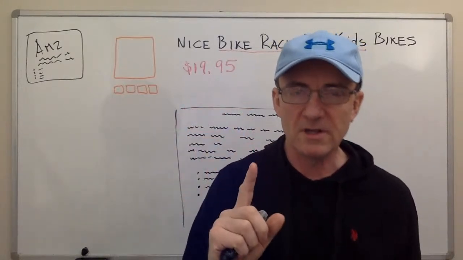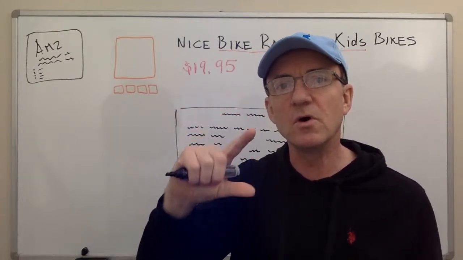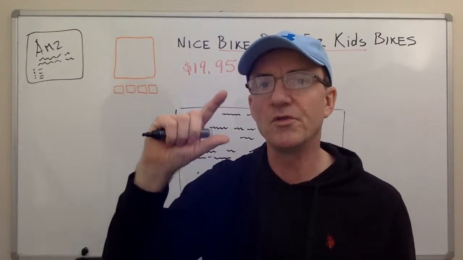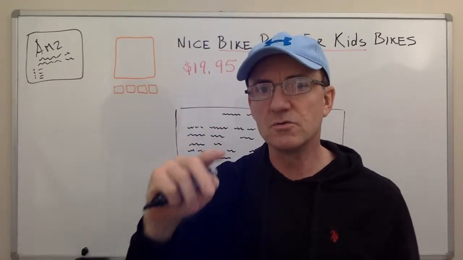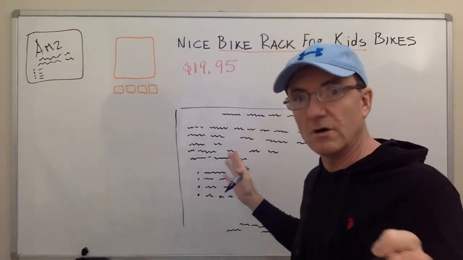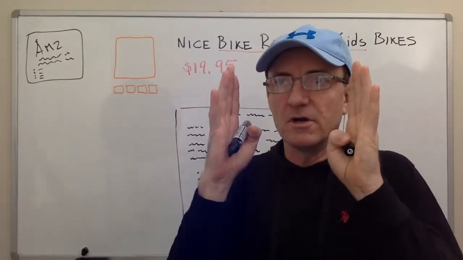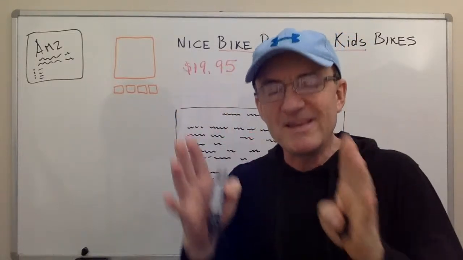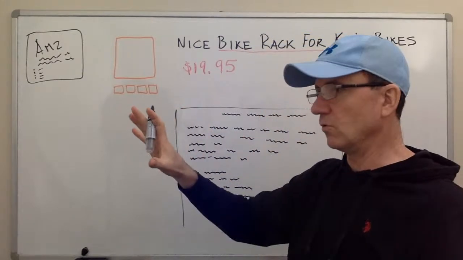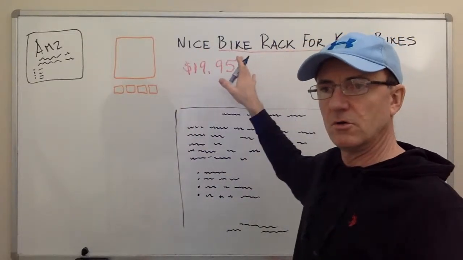When you do it manually, what happens on eBay's radar is that you are doing something very different, original, authentic. So you get eBay's attention. eBay looks and thinks, oh, bike rack for kids.